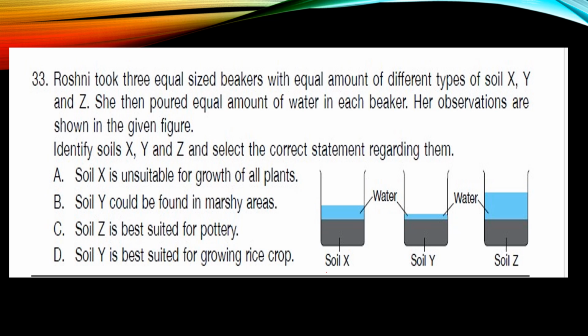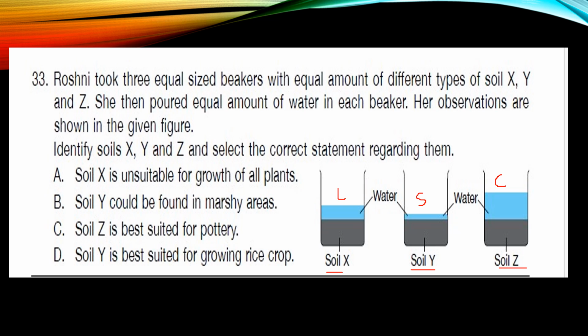This is soil X, this is soil Y and this is soil Z. Soil Y absorbs most water, so this is sandy soil. Soil X absorbs less water than soil Y, so it is loamy soil, and soil Z is clayey soil because it does not absorb any water.